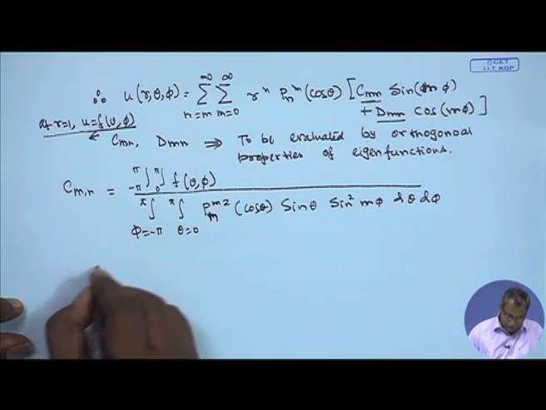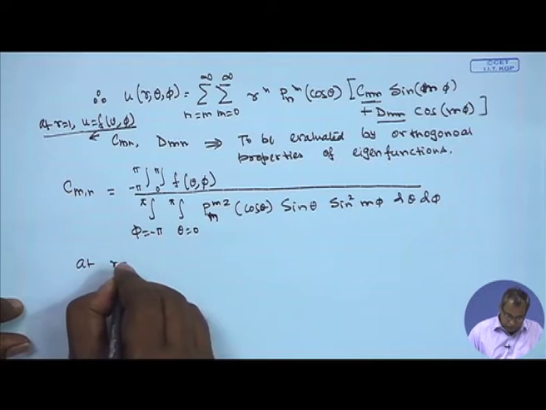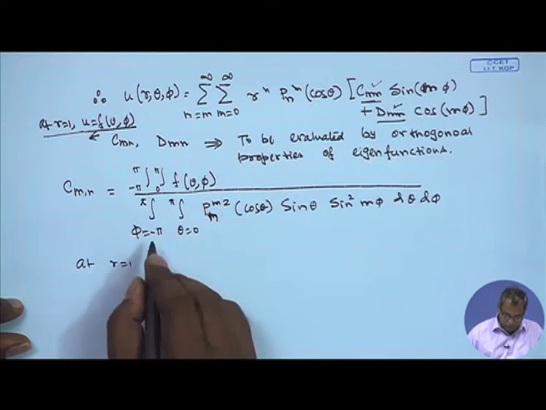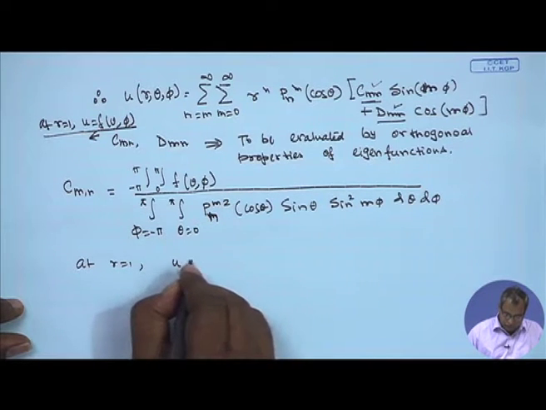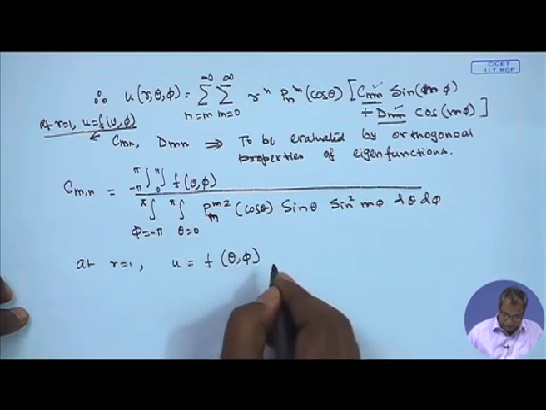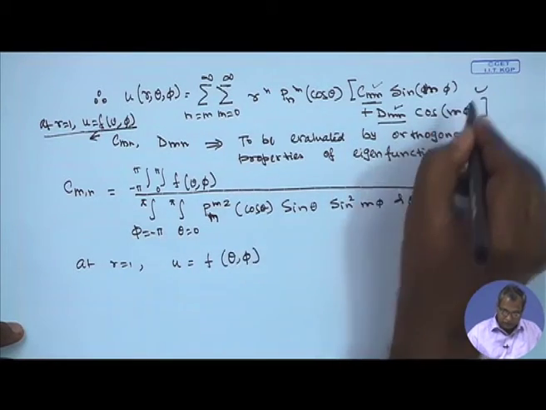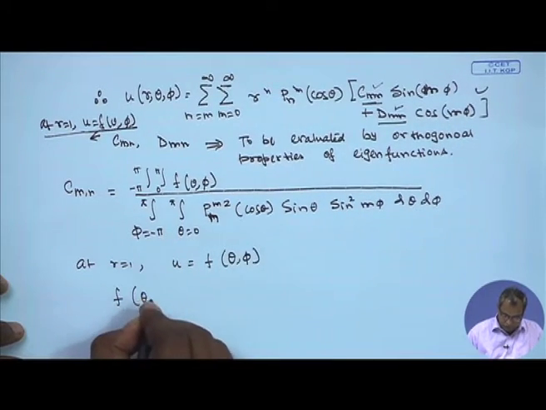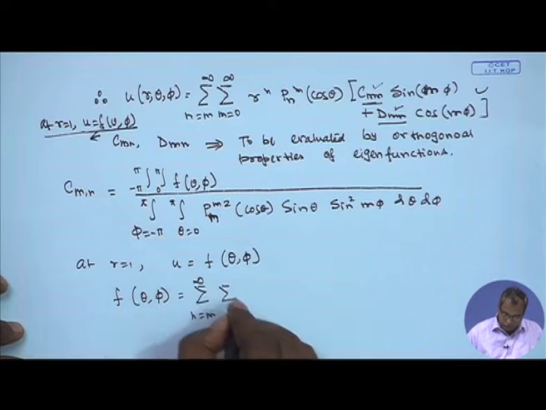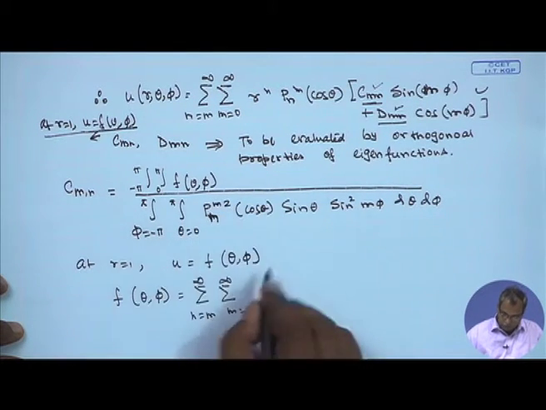So I will be evaluating the constants C_mn and D_mn by putting at r equal to 1, u equal to f of theta and phi in general. If I put that in the governing equation, then f of theta and phi is equal to the double summation, n from m to infinity, m from 0 to infinity, and r equal to 1 will be gone.